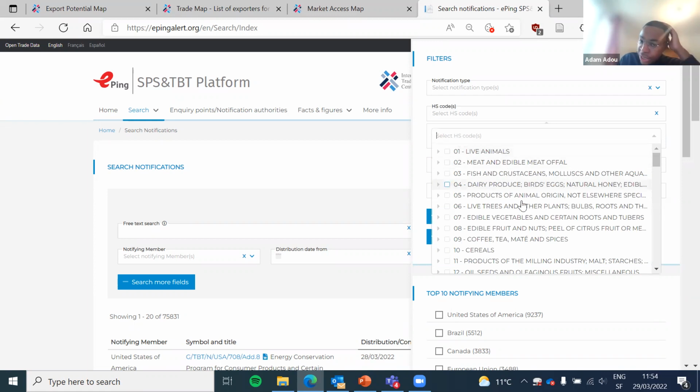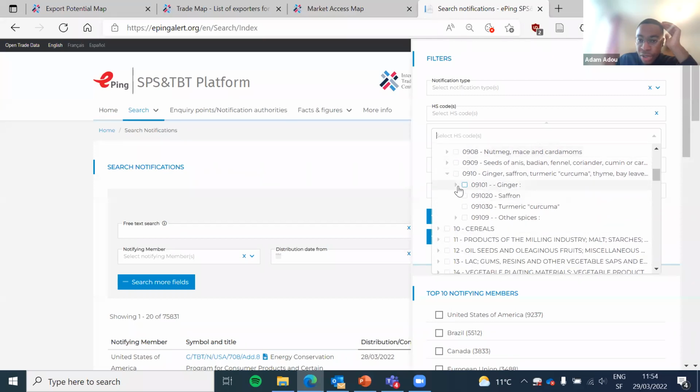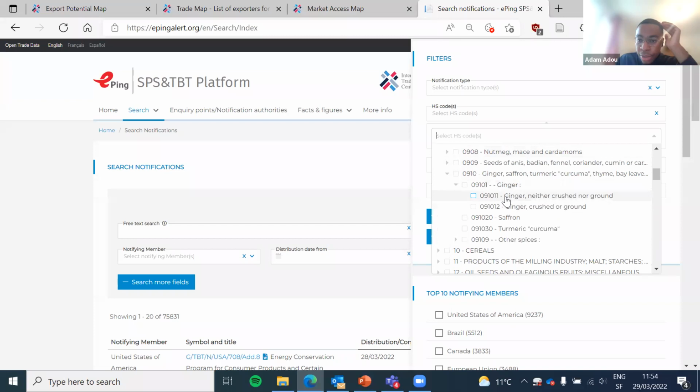So you have here the group of products. I can either type my product, the entire code, or just go category by category. I know it's 09, well, that's 0910, ginger. Here it is. You remember that this is ginger, neither crushed nor ground. So it's not powder, it's raw ginger, not processed.